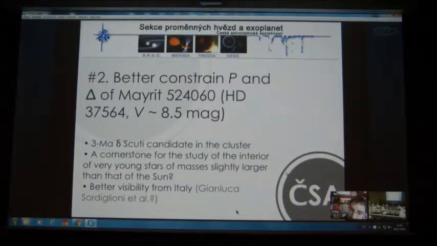Why is this star important? Because with this period and this spectral type, it could correspond to a delta Scuti star. But there are no delta Scuti stars as young as 3 megayears as this one. So it can be a cornerstone for the study of the interior of very young stars of around 1.5 solar masses.